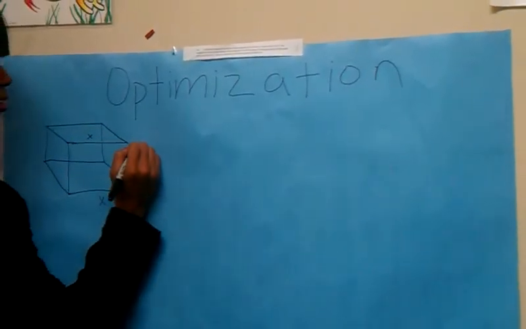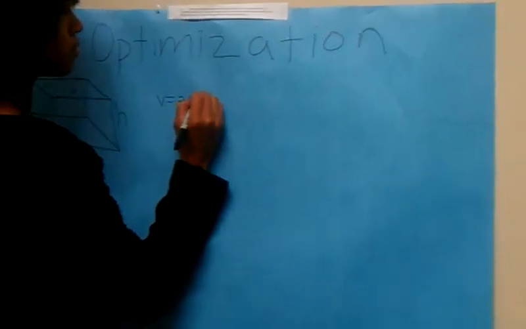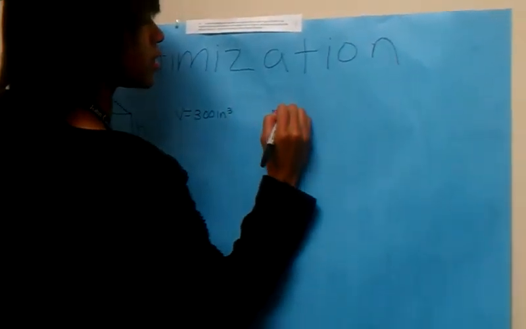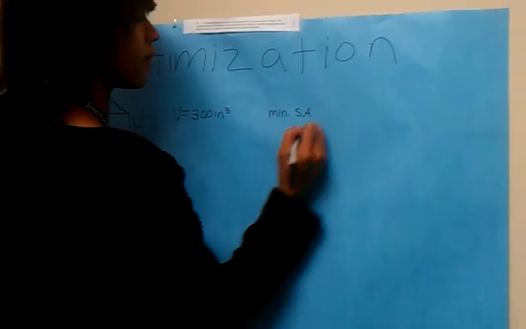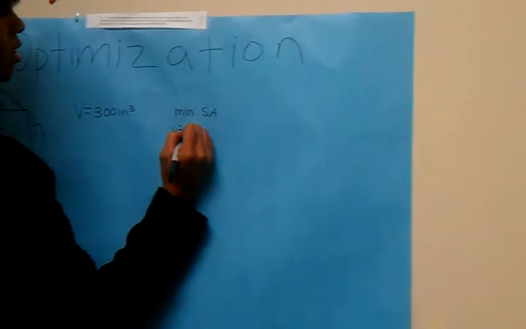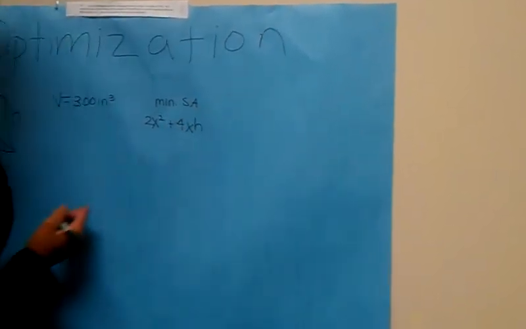X's, and we know that volume equals 300 inches cubed, and we are looking to minimize surface area, and the equation for that would be 2x squared plus 4xh.